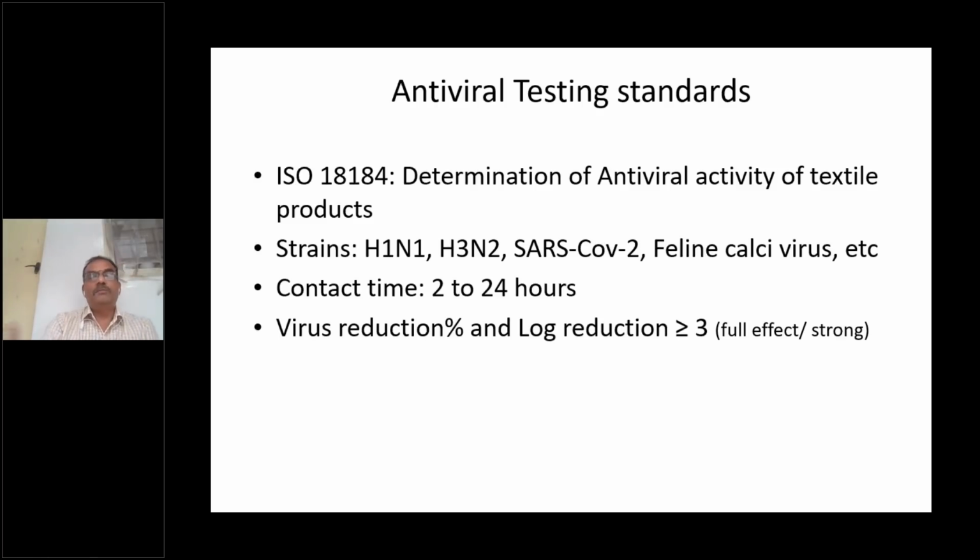And the third point is very important for any manufacturer. Whenever you buy any product online, or if any client comes, even with the big manufacturers, this third point is a hidden criteria: the contact time. For example, if I give a finish to a material and test it for a 24-hour contact time, what happens?